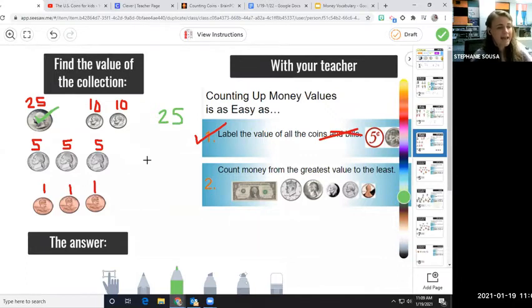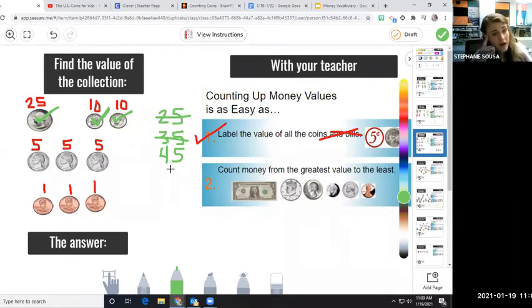I'm going to add a dime. 25 plus 10 is 35 cents. I have another dime. 35 plus 10 is 45 cents. So I've now counted my quarter, my 2 dimes, and I'm up to 45 cents. Now I'm going to add my nickels. 45 plus 5.